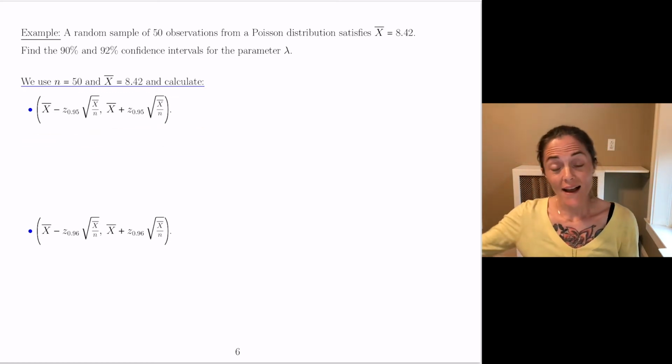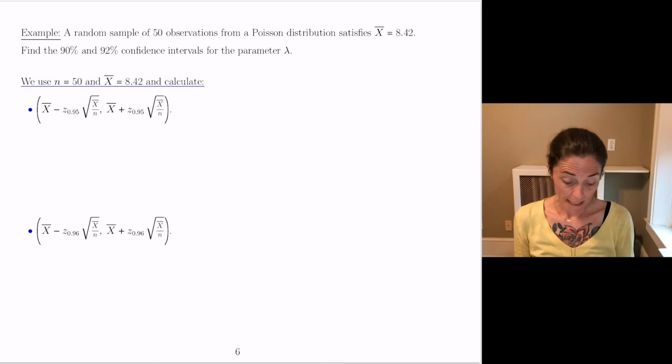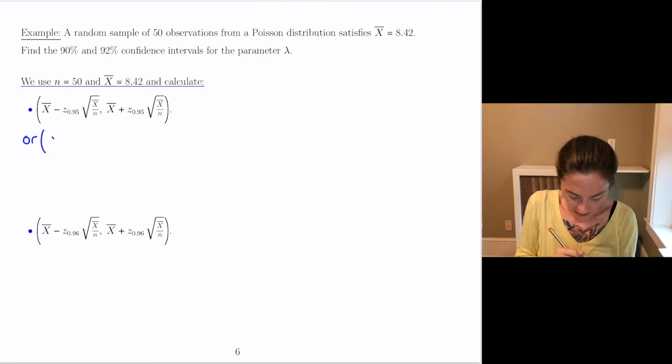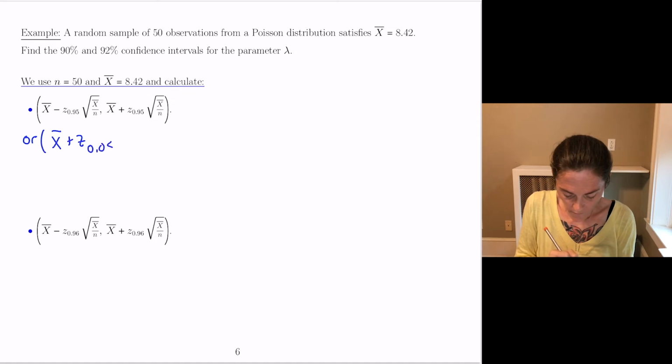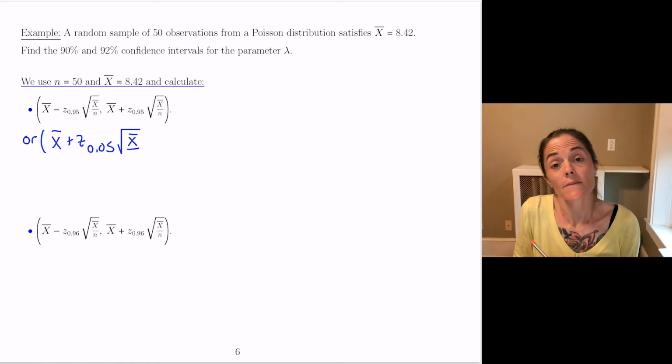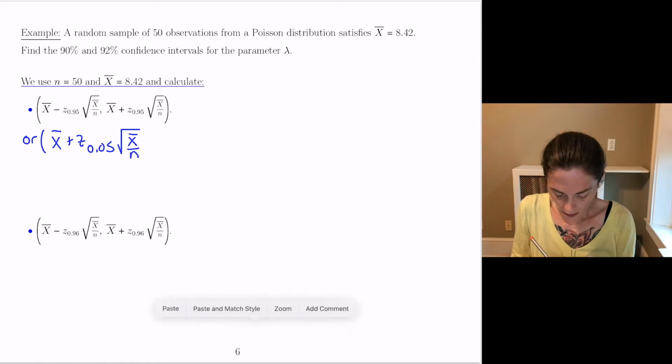We would have 0.05 in each tail. You could either write it like this, or we could write x bar plus z sub 0.05. This would be another way to write it because of the symmetry of the standard normal distribution.